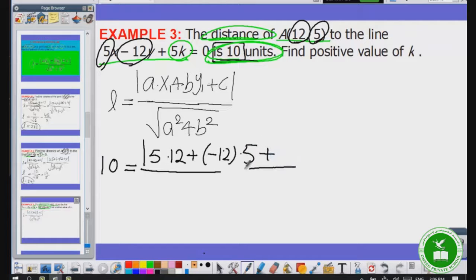Plus C is how much? See, it is 5k. Divided by under root A is 5. 5 square plus B is minus 12, minus 12 square.